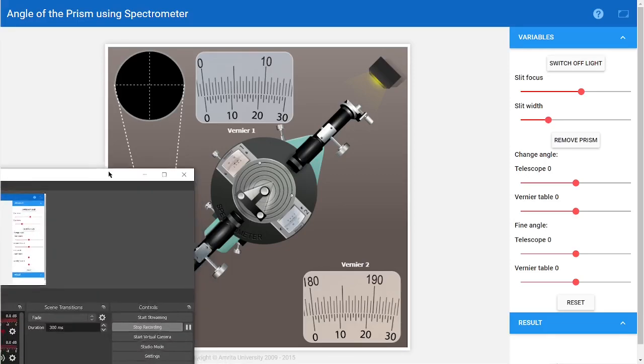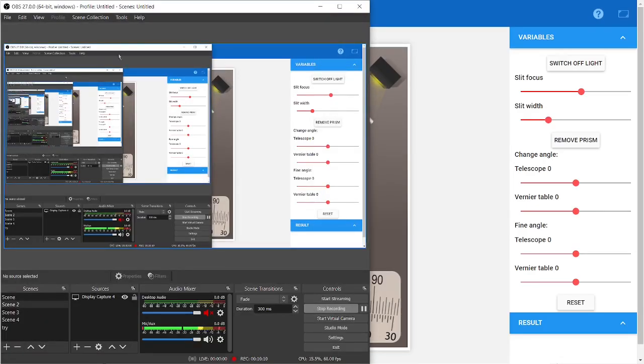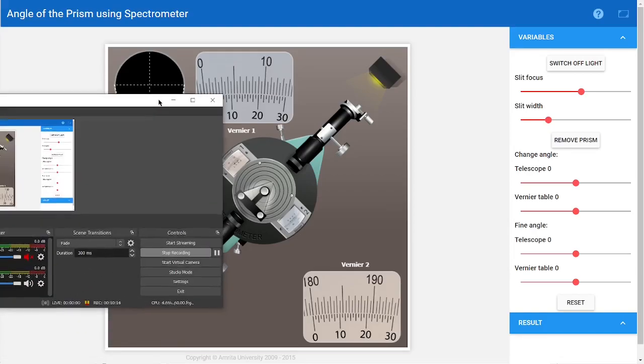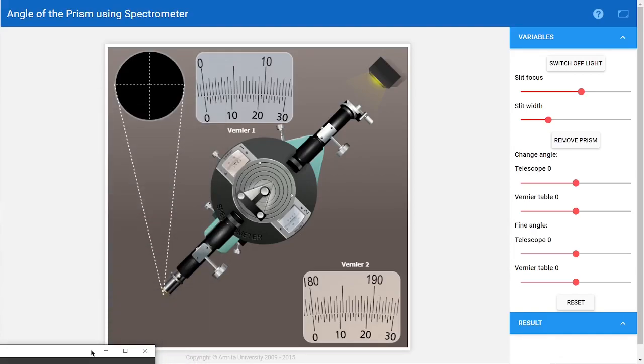Now let me tell you the steps how to do it. So the first step is the control. We have switched on the light. Next we have focused the slit width, and we have placed this telescope exactly in line with the collimator.